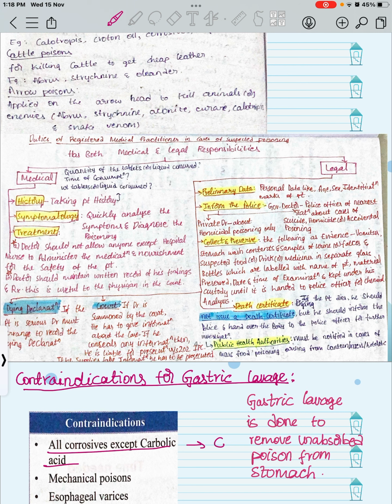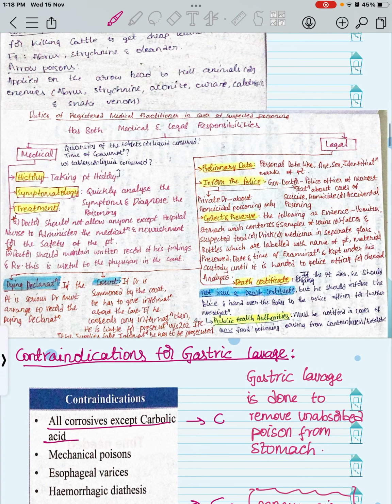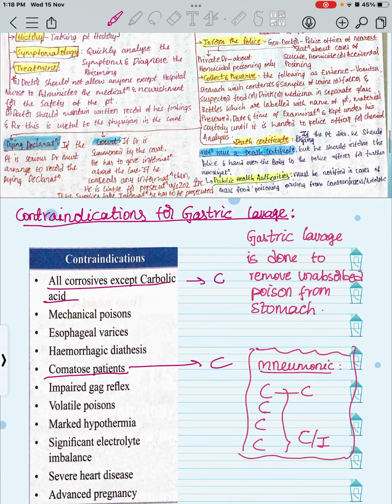Public health authorities must be notified in cases of mass food poisoning arising from canteen or mess or hostel, etc. These are the duties of registered medical practitioners in case of suspected poisoning.